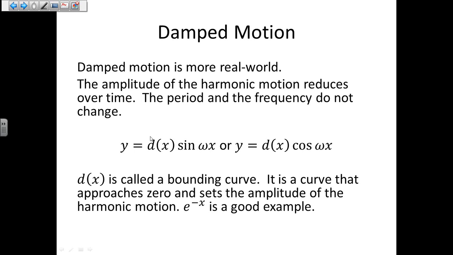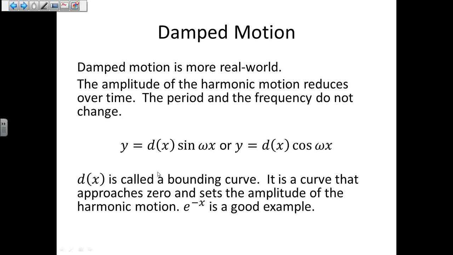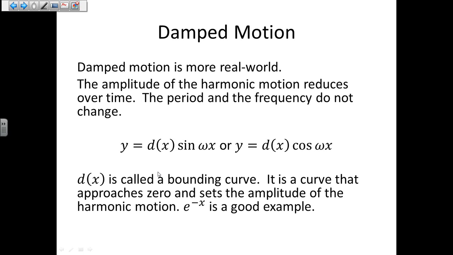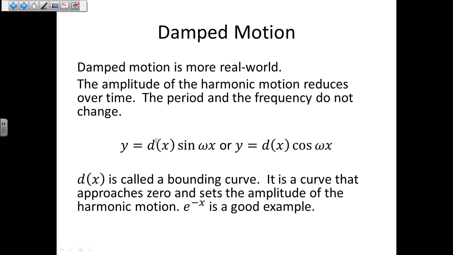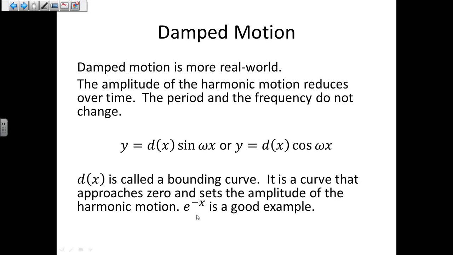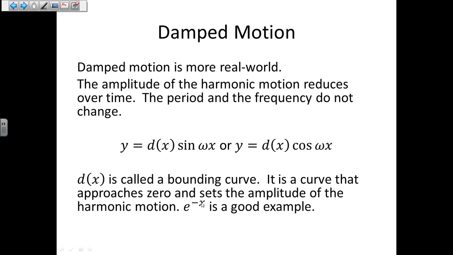D of x, this function in front, is what we call a bounding curve. It approaches 0 and it sets the amplitude of the harmonic motion. A good example would be e to the negative x. You see e to the negative x bounding curve quite often because it approaches 0 as x gets bigger and bigger.